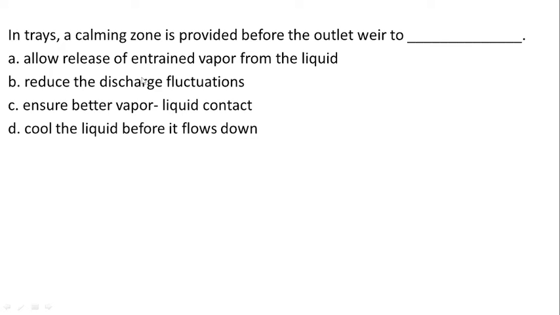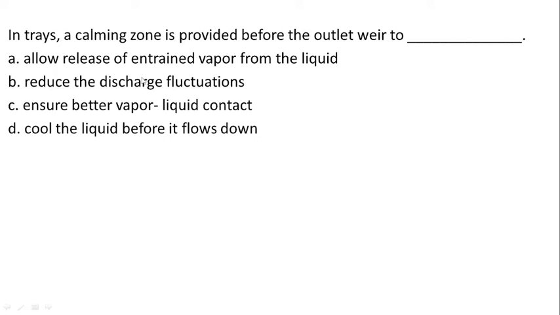Option A and C are correct, but option B is wrong. Here, in option B, they have said that the diameter of distillation column is decided based on weeping condition. Weeping happens when the liquid flow rate is high, so that liquid will weep through the pores of the tray.